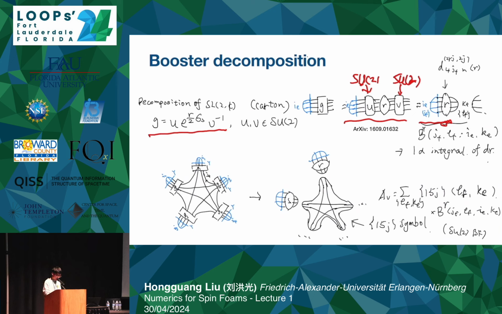Remember, we have the SU2 decomposition of the representation theory, so we have a sum over L larger or equal than J, with dimension d_j. This SU2 introduces the projection onto the invariant space of SU2 for each L. So we sum over L and over intertwiners in between, and it becomes the SU2 invariant, the intertwiner. It's again one of the intertwiners, the difference is that now we have different L. So this is a decomposition of the SL2C representation matrix into SU2.